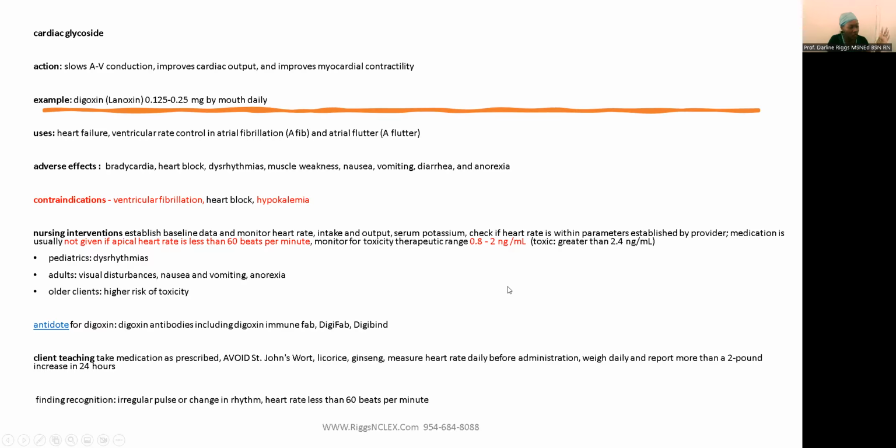There aren't a lot of drugs we ask you to memorize the therapeutic range for, but this is one of them. 0.8, some books differ a little bit, to 2. You're memorizing that. You're memorizing your antidotes, Digibind, DigiFab, all the same.